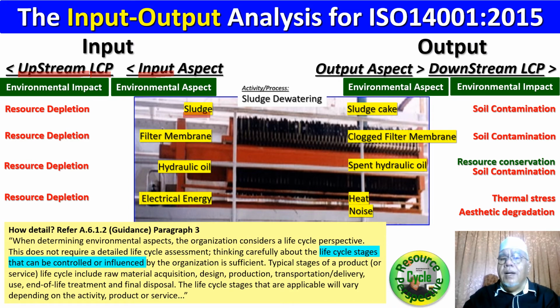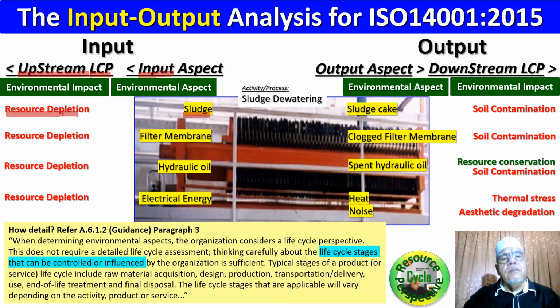Therefore, the more demand for those materials, the more extraction from natural resources will occur, and eventually the reservoir, the inventory of natural resources, I'm not sure who keeps it, is getting less and less. Thereby, in environmental management terms, the impact is resource depletion.